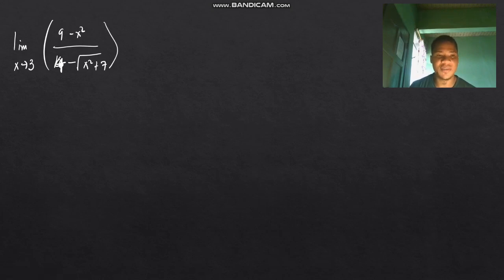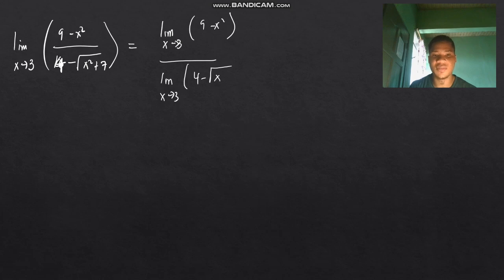Normally, this is a rational function, so we want to go straight and solve it, right? We have the limit as x approaches 3 of 9 minus x squared, all over the limit as x approaches 3 of 4 minus the square root of x squared plus 7.